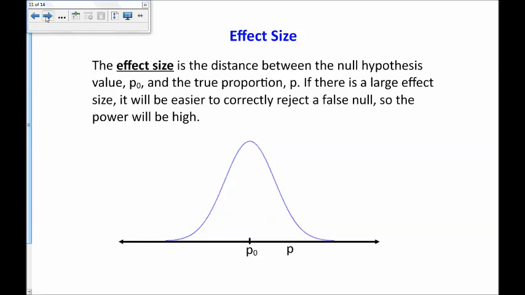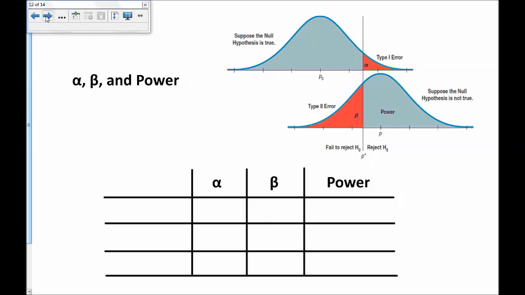Okay? Now here are some other things that can either increase or decrease the power. Again, alpha level is a type 1 error, which is written type I, and beta is a type 2 error, which is written type II, and the power is 1 minus beta.